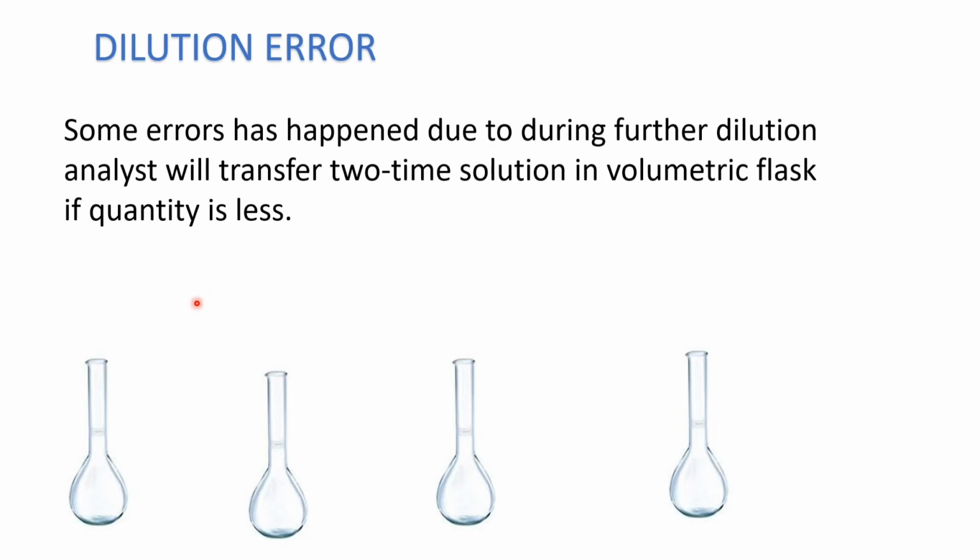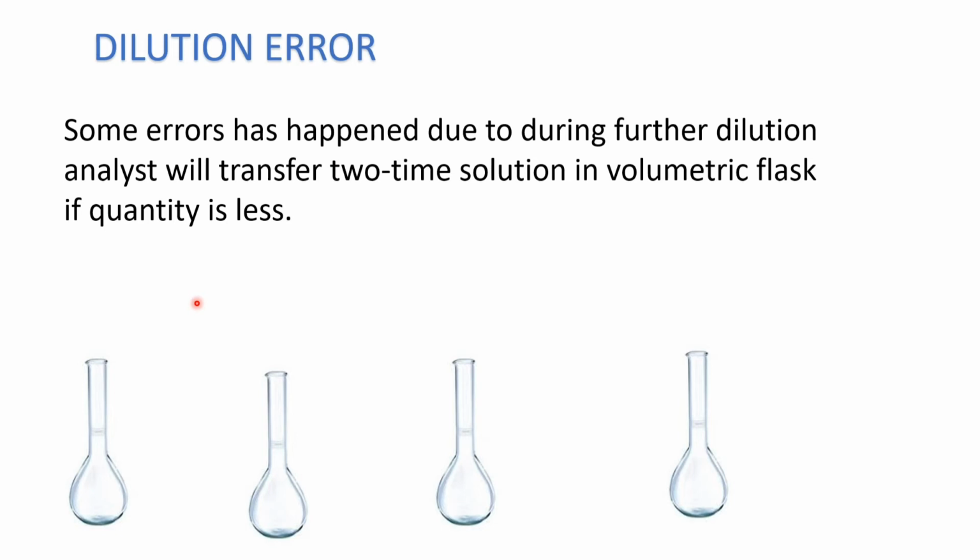I transferred 1 ml, and in between a friend came, a phone call came, I missed it and forgot. I had already transferred 1 ml here. Now I again transferred 1 ml because this quantity is very small, so it is not identified clearly in the flask.